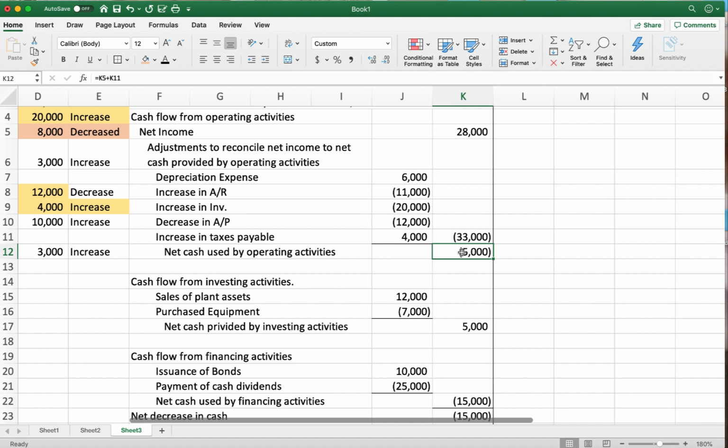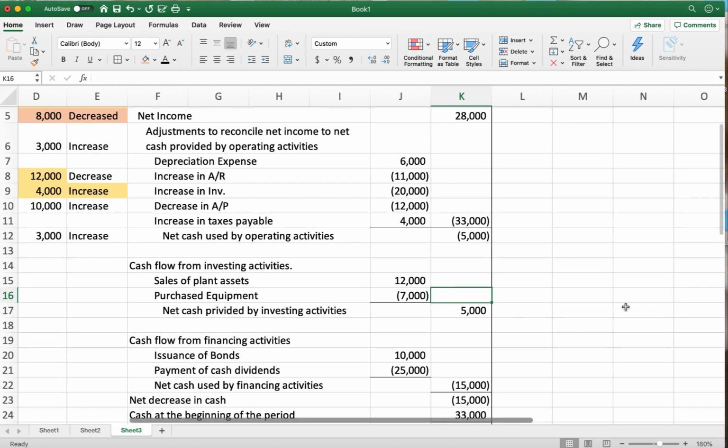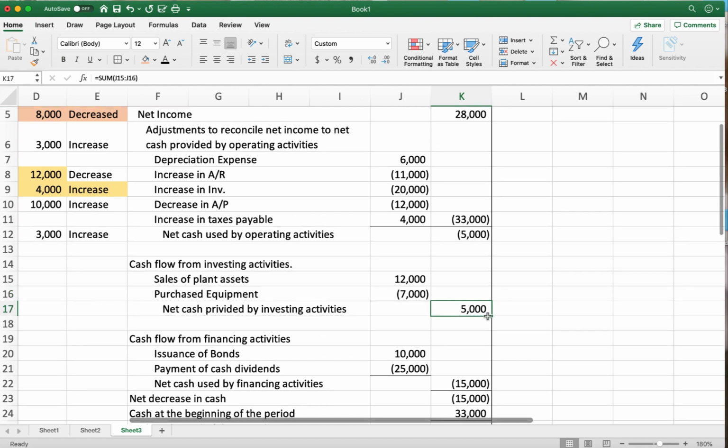Their operation is reporting a net cash flow usage, right? But look at their cash flow from investing activities. That is, net cash is being provided by investing activities. That's not good, right? If you have to sell off assets to get cash, you got problems, okay?